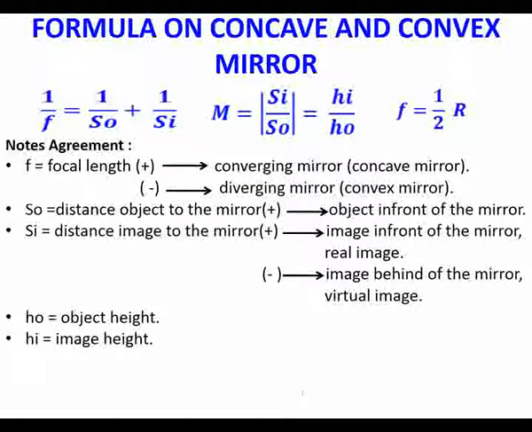SO, the distance of object to the mirror, will be positive if the object is located in front of the mirror, and SI, the distance of image to the mirror, will be positive if the image is located in front of the mirror. This image is a real image, and SI will be negative if the image is located behind the mirror. This image is a virtual image. And HO is object height and HI is image height.